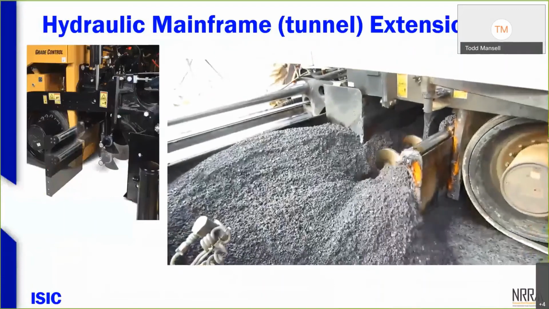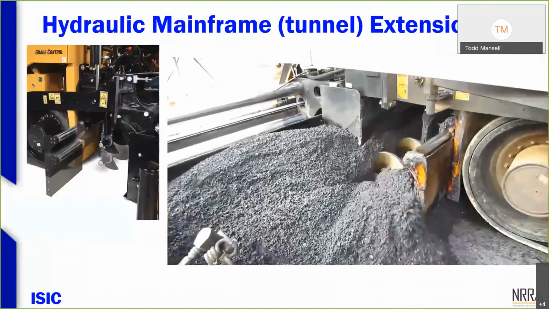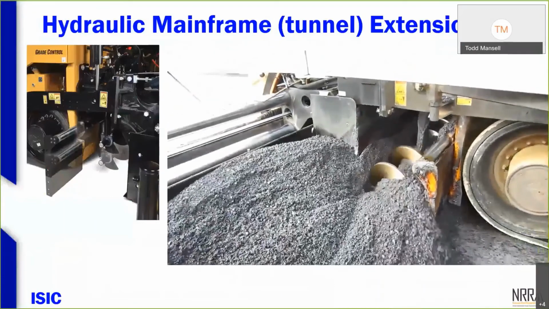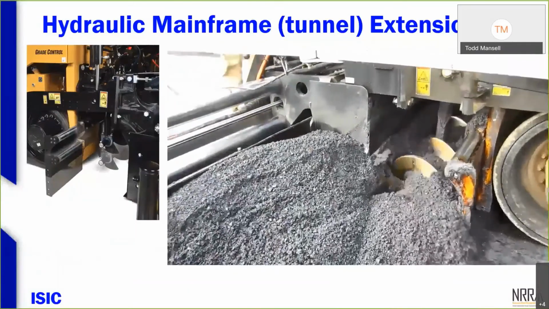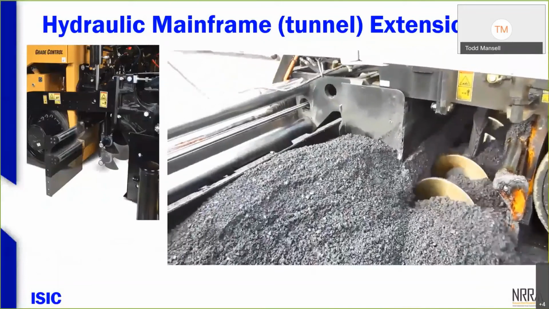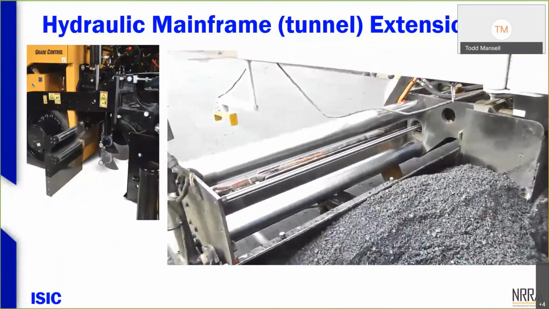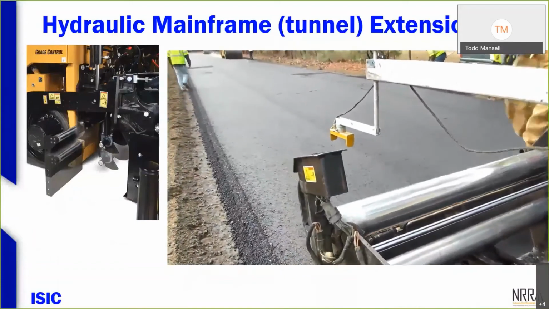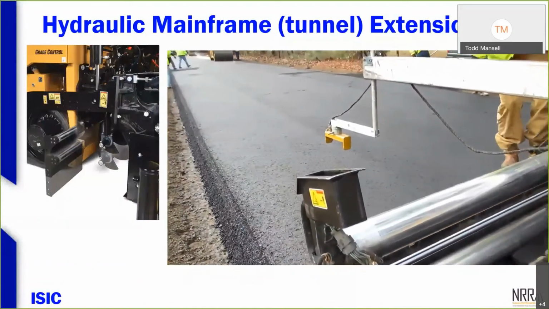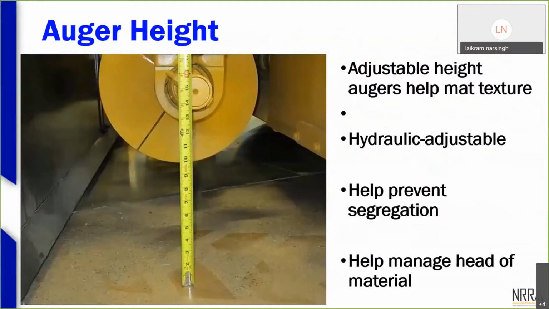This video here is just showing the head of material, the amount of material they're carrying there, just because they really don't have enough auger extension. It's a little hard to see here, but you can see the segregation in the mat behind. So you see that segregation in the mat without those augers and tunnel extensions, and that will show up on a thermal image as well.